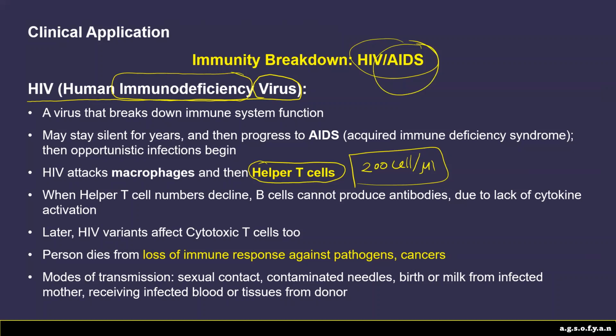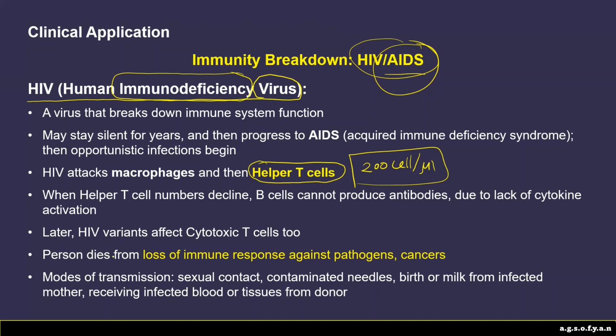So AIDS is happening after the T helpers are destroyed to a very low concentration. Okay? So sometimes it takes 2 to 15 years to reach the AIDS disease from HIV positive infection.